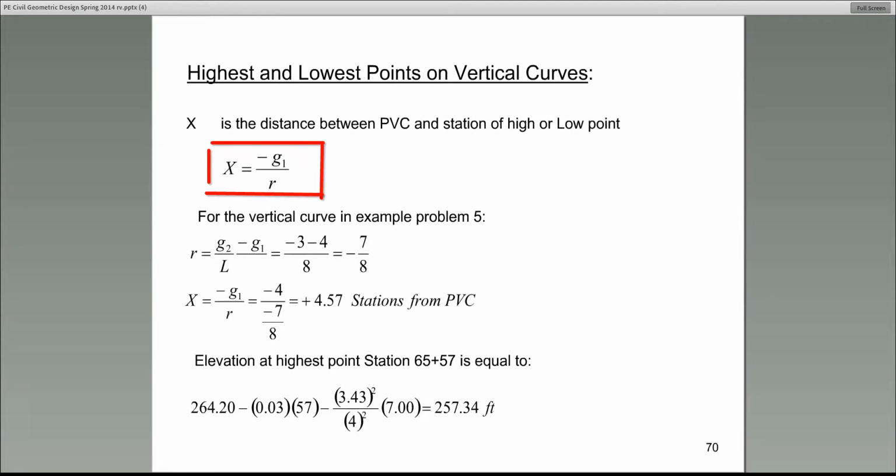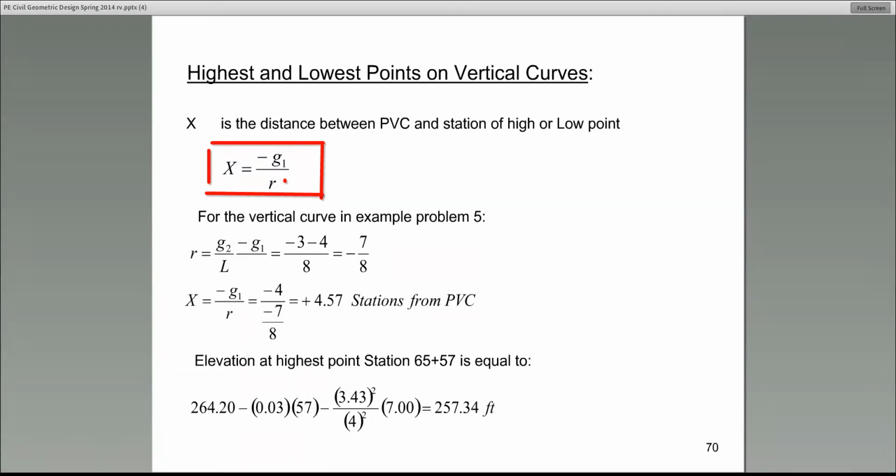And remember, if G1 happens to be negative, this would be negative of a negative, all right? So make sure that you pay attention to that. And in the denominator, that's R, which is the rate of change of grade.